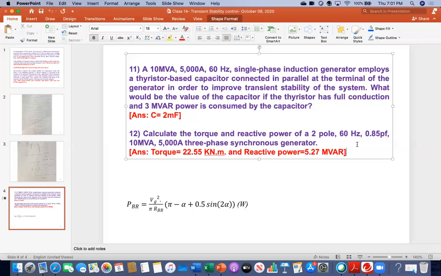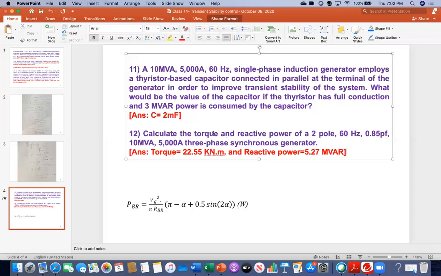Divided by angular speed omega, which you get from 120 F by P, the synchronous speed equation, 120 F over P. For 2 poles and 60 Hz, you will get 3600 RPM, then converting to radian per second by multiplying by 2 pi and dividing by 60, you will get about 377 radian per second.